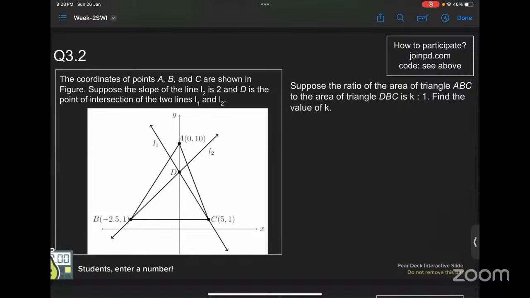Did you get anything? Any answer for K, the value of K?